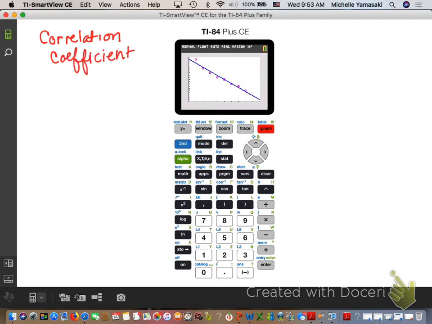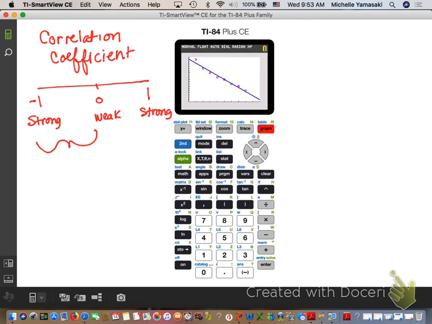The correlation coefficient is a measurement that goes from -1 to +1, where this is a strong measurement and this is a strong measurement, but this is weak. Is this a positive or a negative slope? Negative. So when I'm looking at the correlation coefficient, it should come out negative.